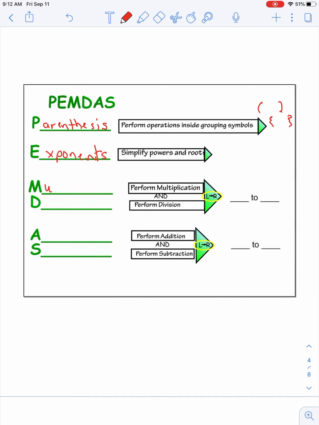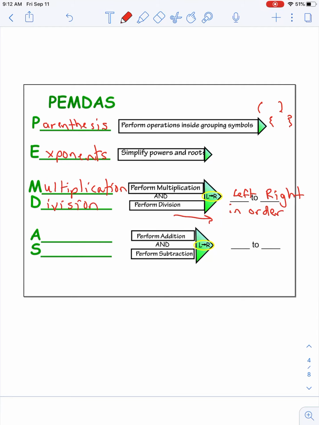Your M and D, again, multiplication and division, together in order from left to right. In the order that they come, left to right. So that's important to remember.